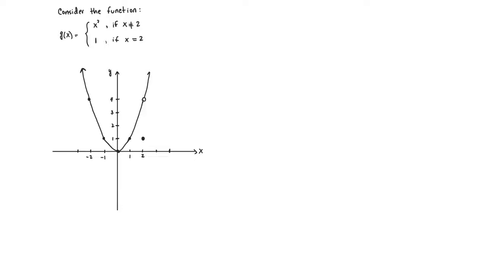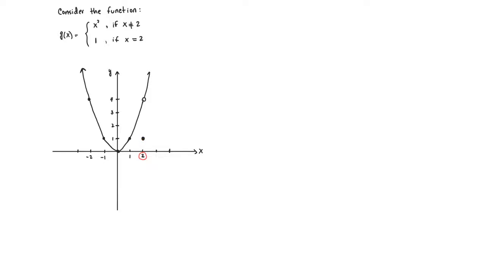So obviously, something very interesting is happening at 2. I will even circle x equals 2 there, because this is showing that when x is equal to 2, the y value is not as predictable as we would hope. The y value is not equal to 4. The y value is equal to 1.